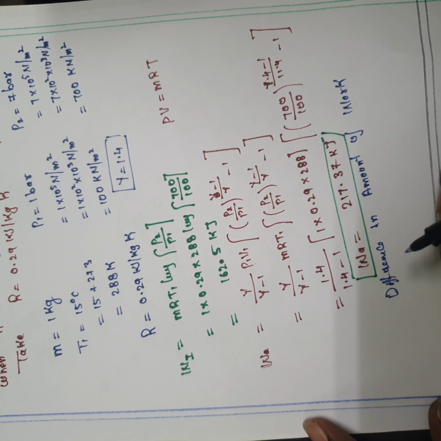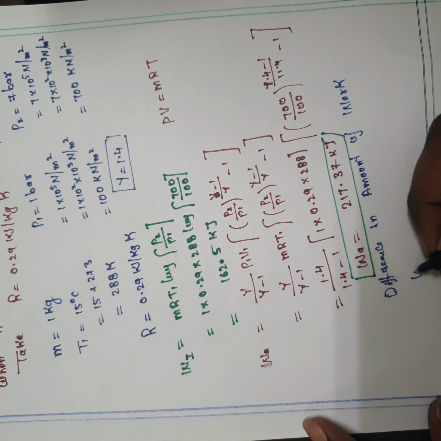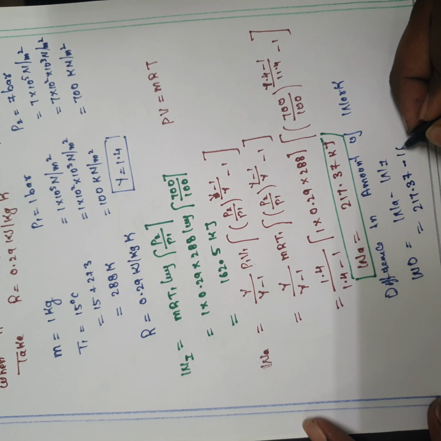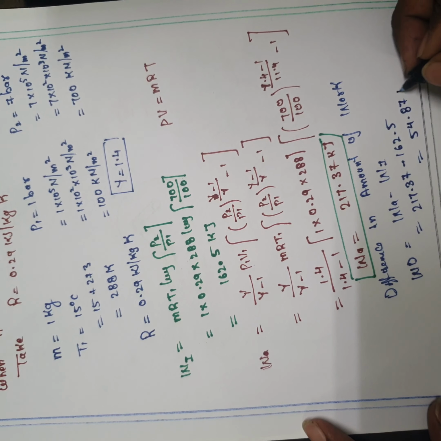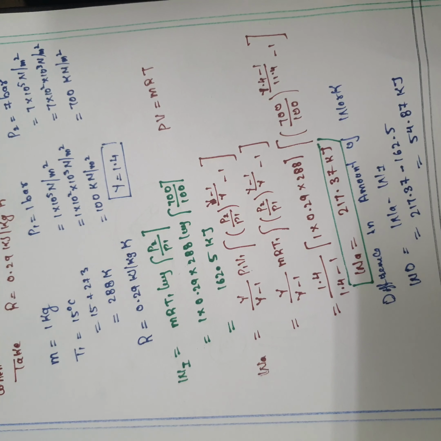Higher value minus lower value: the higher value is 217.37 and the lower value is 162.5. The answer is 54.87 kilojoules. Whenever a difference is asked, you find the work done like this. Clear?